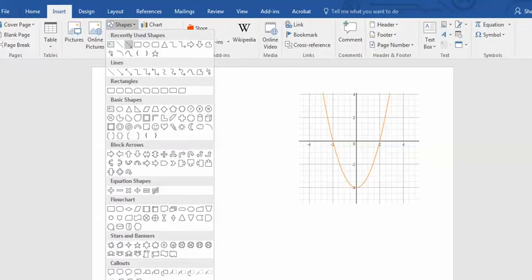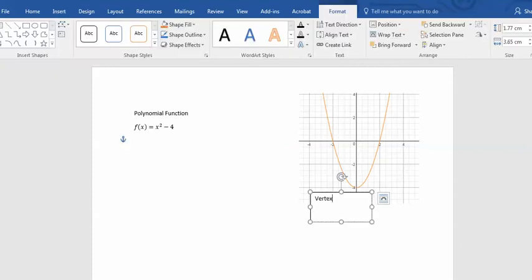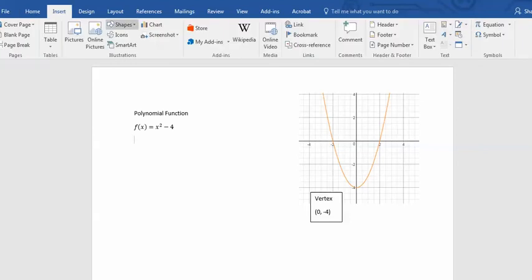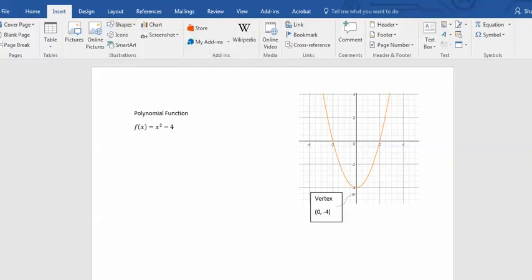You could insert text boxes to talk about key features of the graph. You want to say, well, I know the vertex of my graph is at (0, -4). So maybe I'll stick that in a text box and draw an arrow to it. I'm not saying this is the way you have to do it. It's just an option.